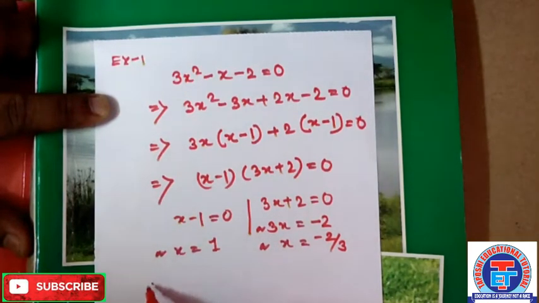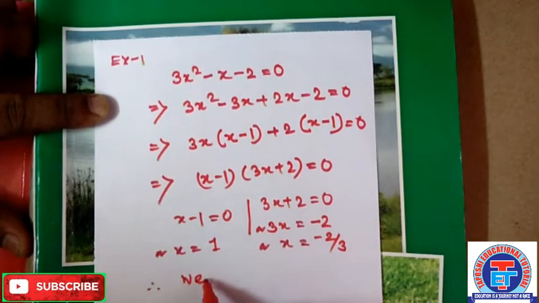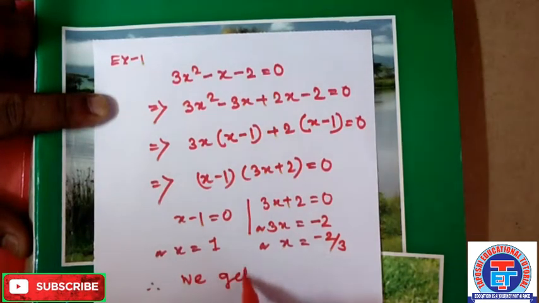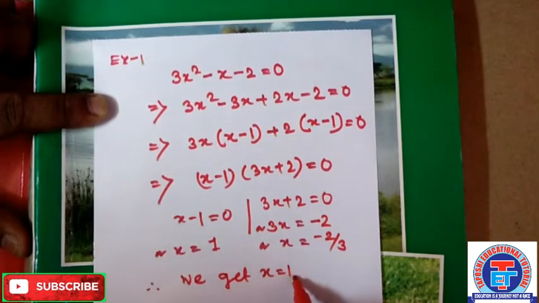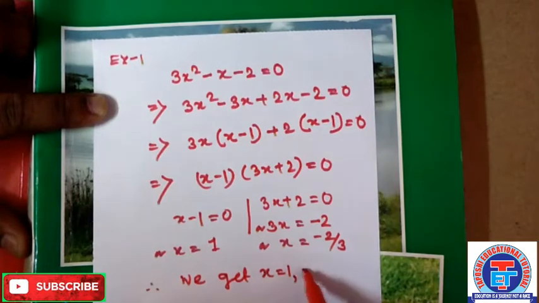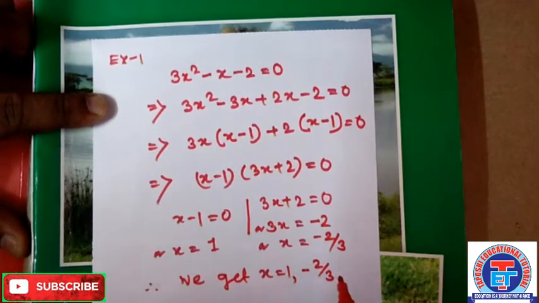Therefore we get x is equal to 1 and minus 2 by 3.